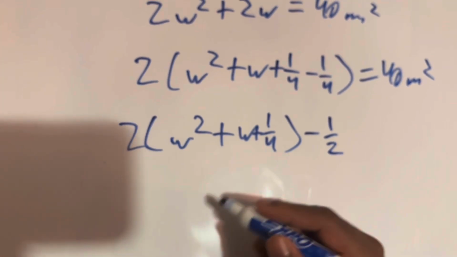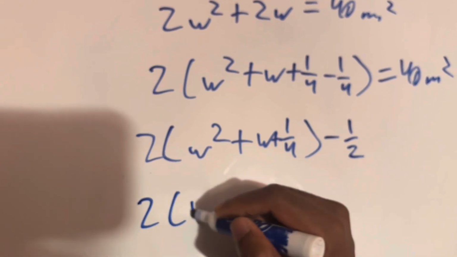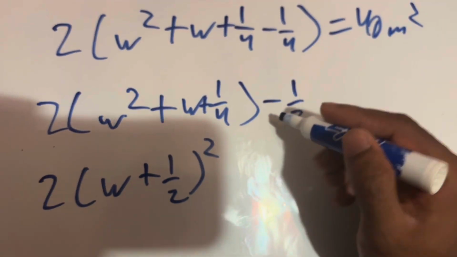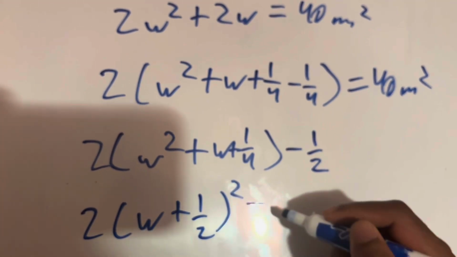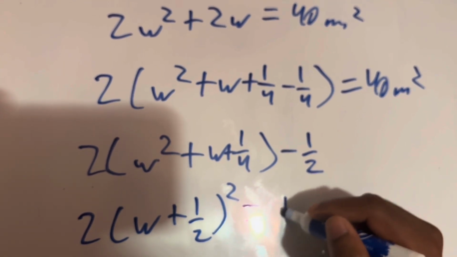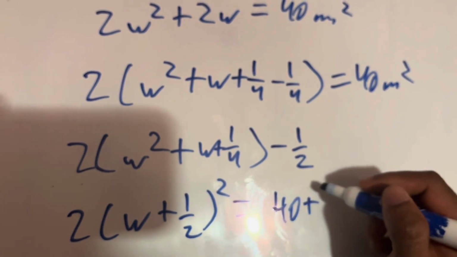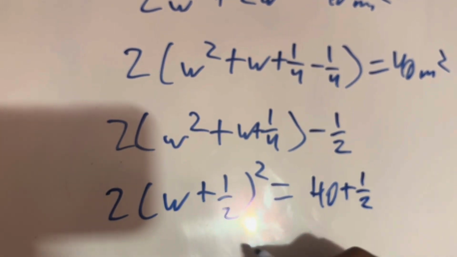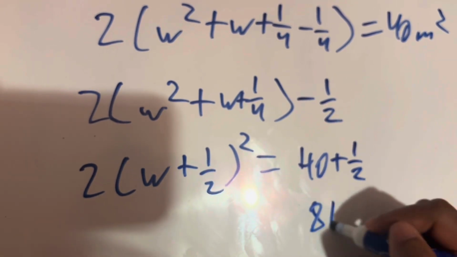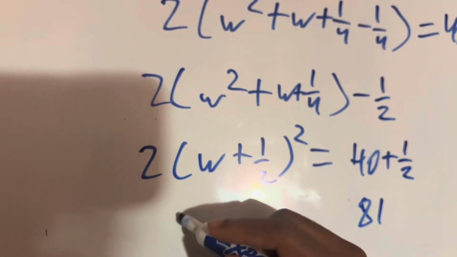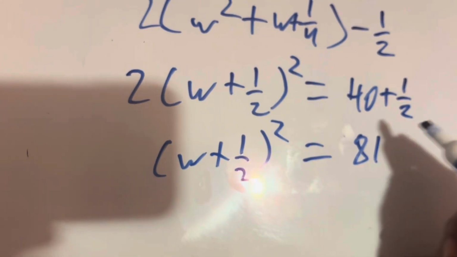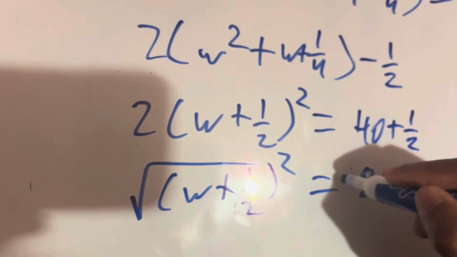Next, you want to complete the square, so 2 times w plus a half squared, and then bring this over to this side, so you get is equal to 40 plus a half. Then you want to multiply both sides by 2, so you're going to get 80 plus 1, which is just going to be 81. Then you have w plus 1 half squared is equal to 81. Now, how do you get rid of this squared? You can just square root both sides.